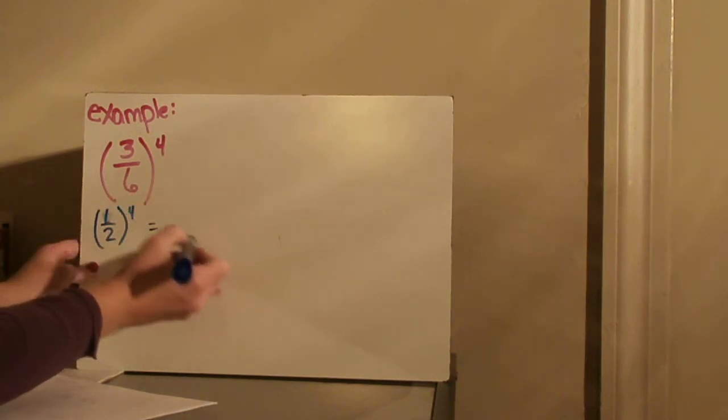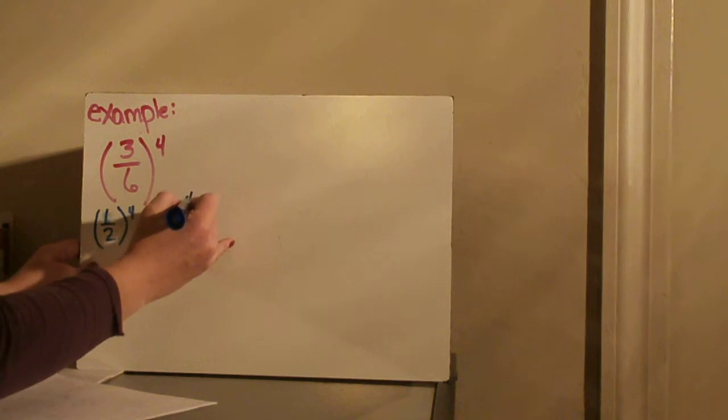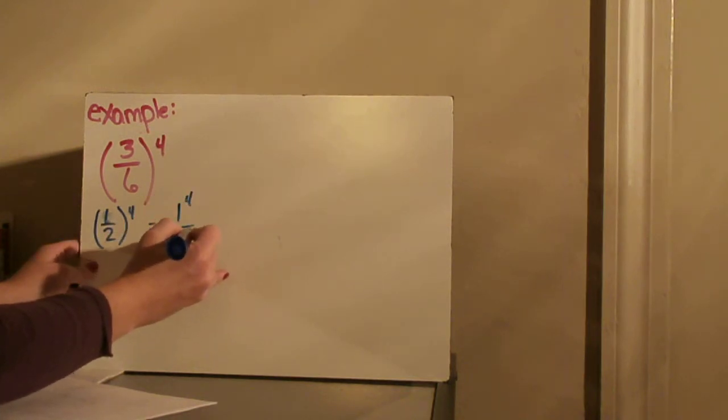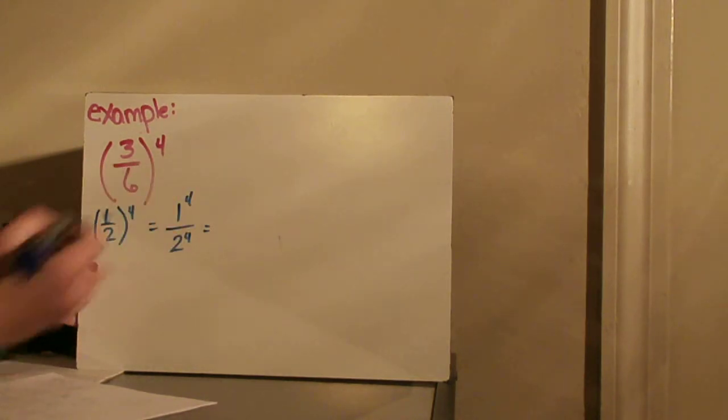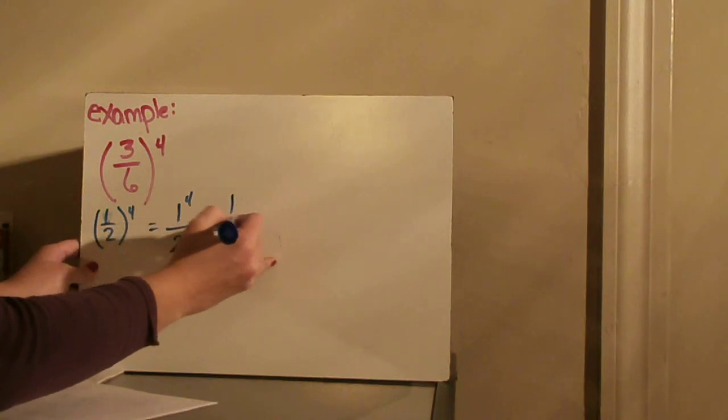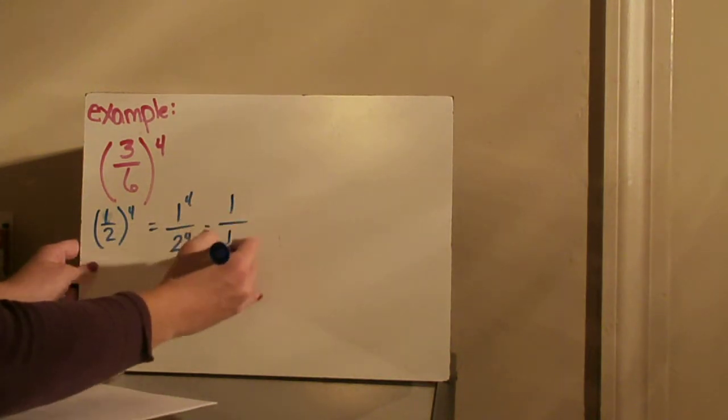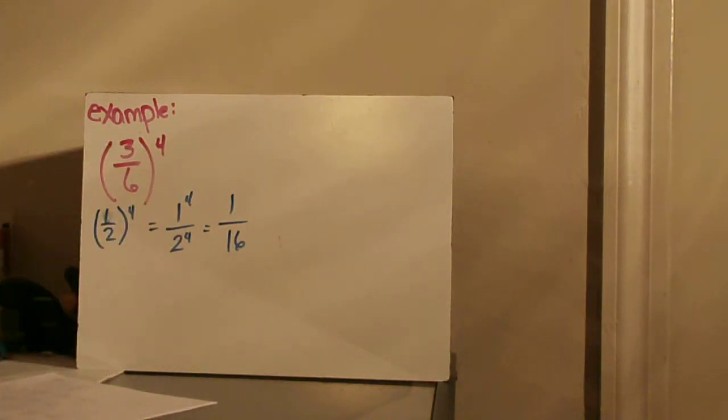Okay, so this is now 1 to the fourth over 2 to the fourth. 1 to the fourth power is 1, and 2 to the fourth power is 16. And I'm just going to show you the other way.